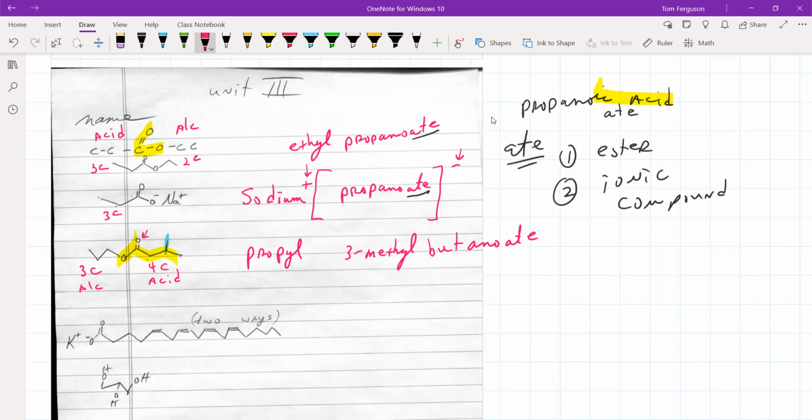Okay, so now we have another acid salt. This would make a nice soap. Why would this make a nice soap? What does soap require? Emulsifiers require what? 2 parts.